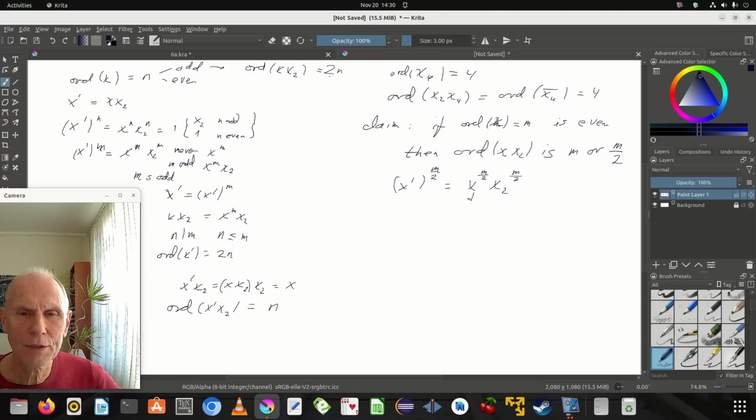This obviously equals chi 2, because squaring it just gives chi to the mth, which is unity.